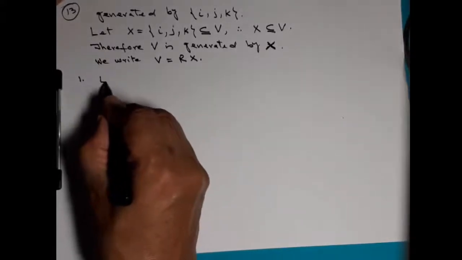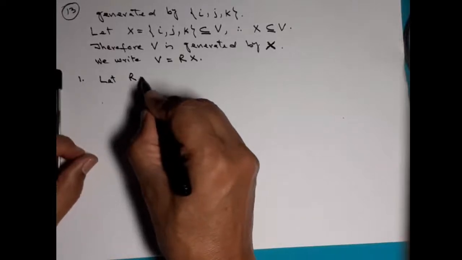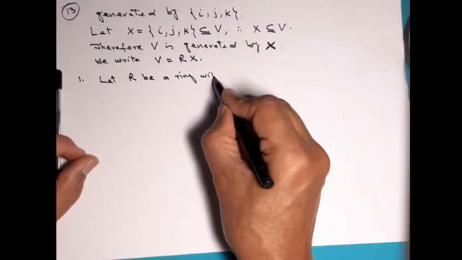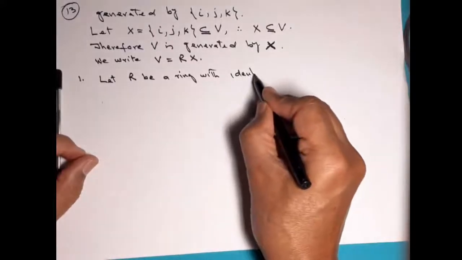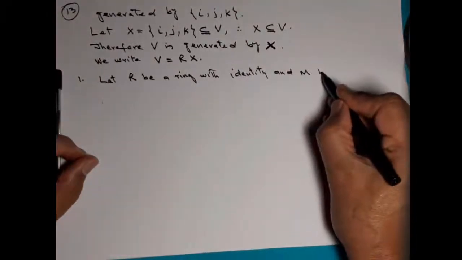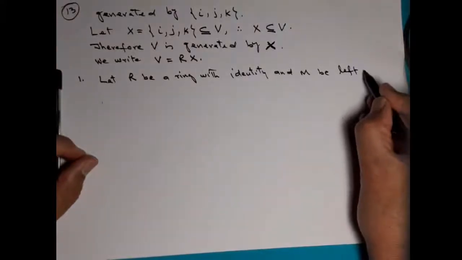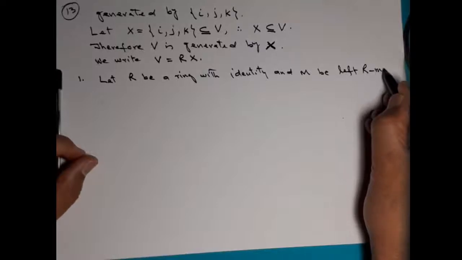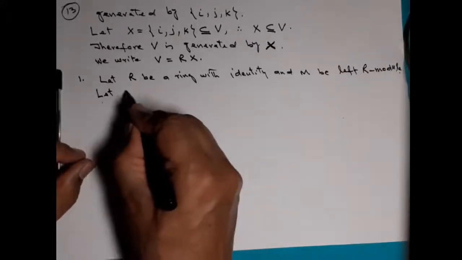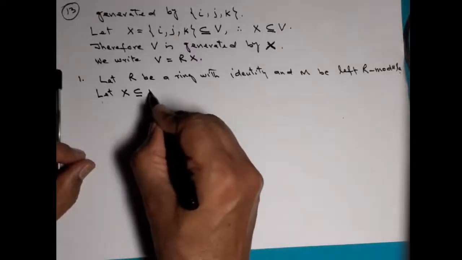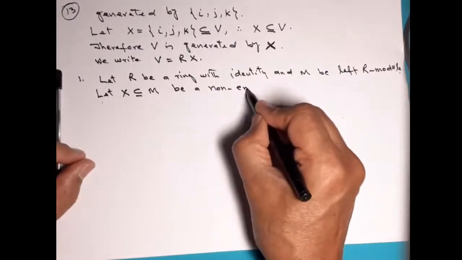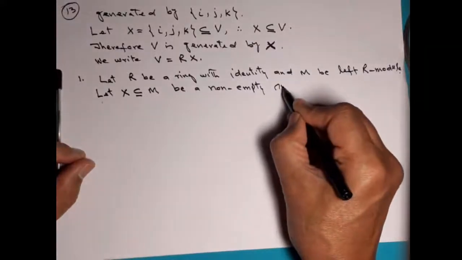Let R be a ring with identity and M be a left R module. Let X be a non-empty subset of M.